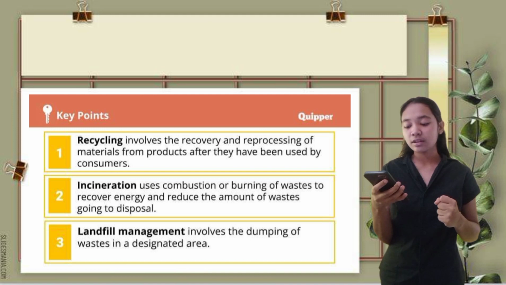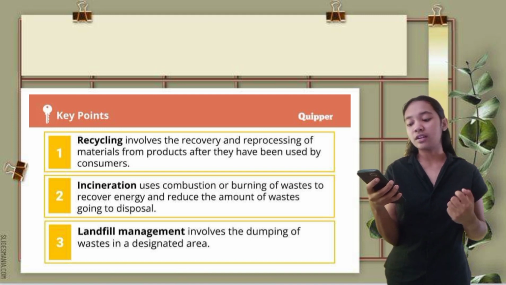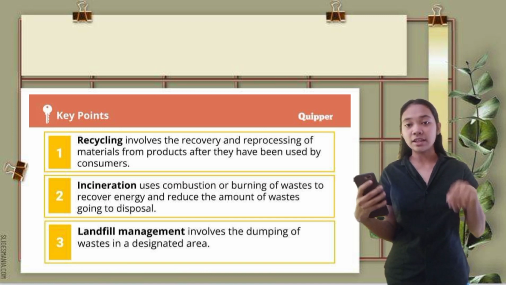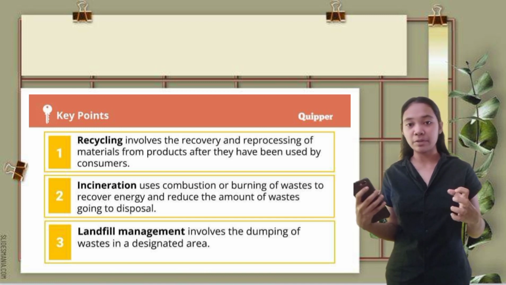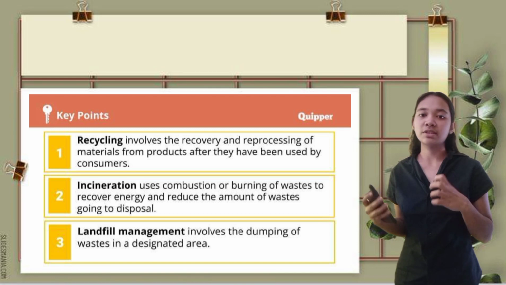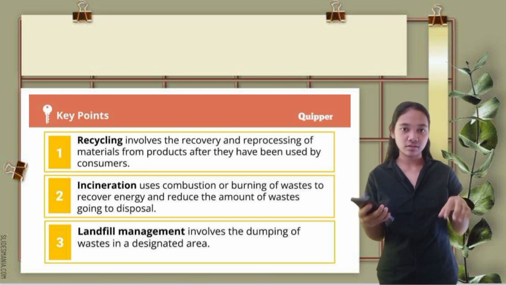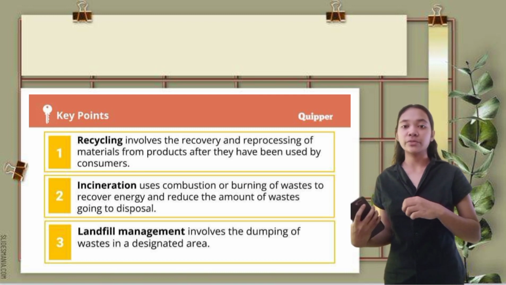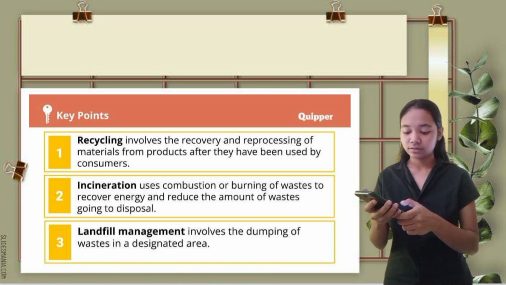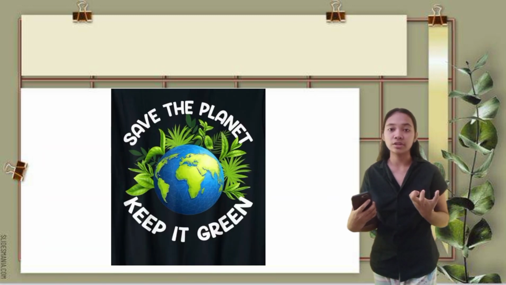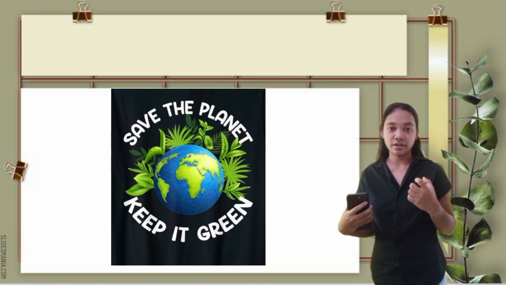Landfill management involves the dumping of waste in a designated area. Landfill is a dump site, a specific lot where waste is placed, that may sometimes cause a wildfire. So that's all. We need to manage our waste in order to preserve our mother nature.